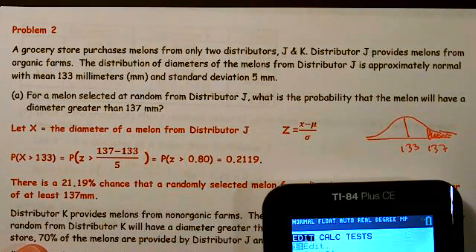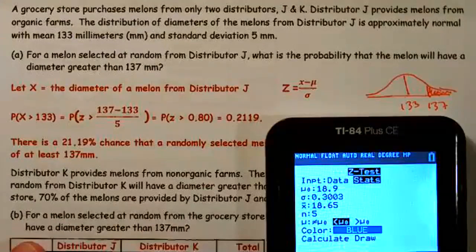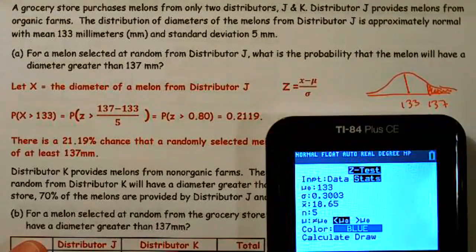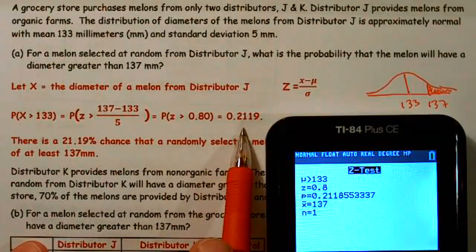So stat test, z-test, not the only way to do it, but I'm going to cheat and do it that way. And we have 133 for our mean, our standard deviation of 5, an x of 137, and we're looking for just one melon, so our sample size 1, greater than, and then we're going to calculate, and we end up getting 0.2119.